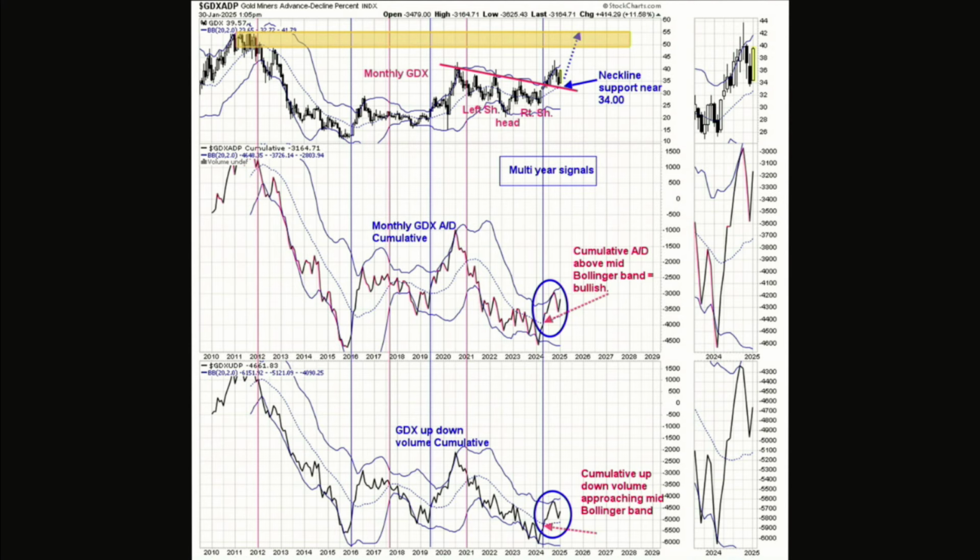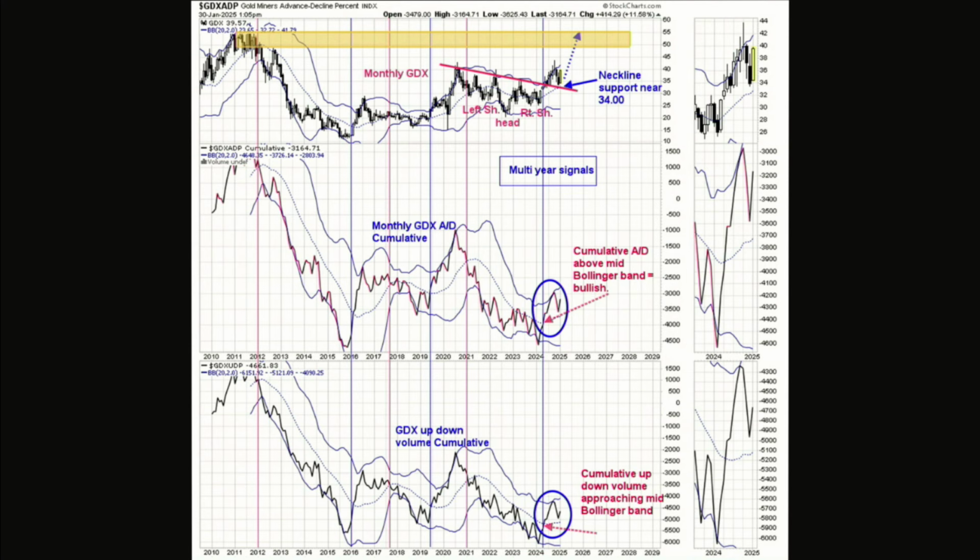The bottom chart is the cumulative up-down volume on the monthly chart with the Bollinger Band. The next window higher is the cumulative advance-decline with the Bollinger Band. As long as those two indicators hold above their mid-Bollinger Band, the uptrend's intact. Over the last couple of days, both those indicators have turned up, suggesting the rally is starting. So that's quite a bit of information on the monthly chart.